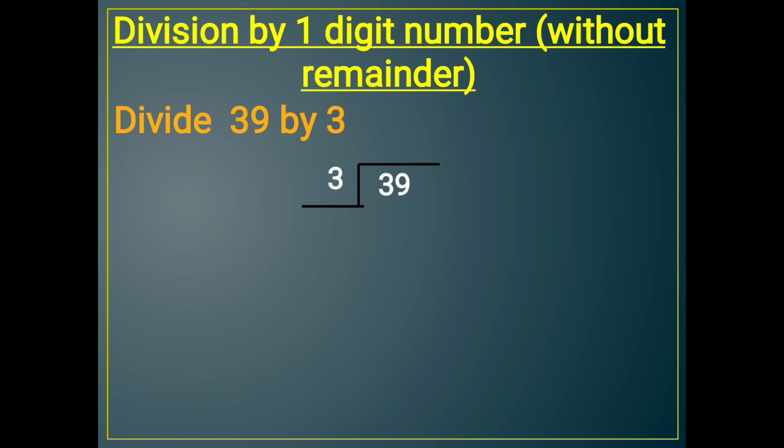So, 3 ones are 3. 1 you will write upside and 3 you will write just below the 3. After that, you will subtract 3 from 3. After subtraction, we will get 0.